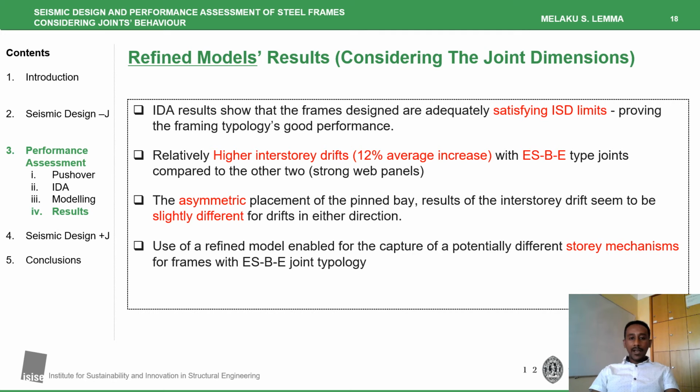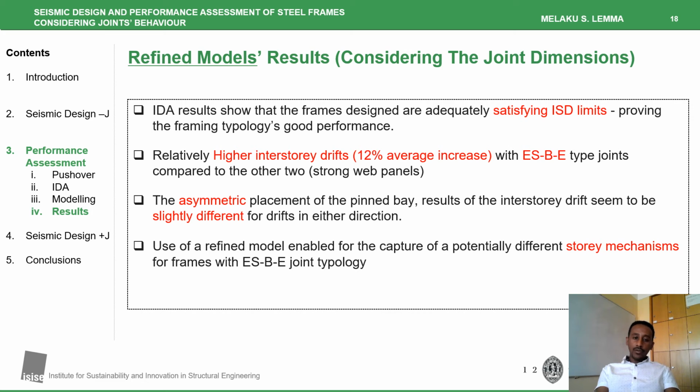In summary, I can say the IDA results showed that the frames designed with the EQUALJOINTS pre-qualified joints satisfy the interstory drift limits, whilst the frames with balanced web panel and equal strength connections had shown around 12% increase in interstory drifts.